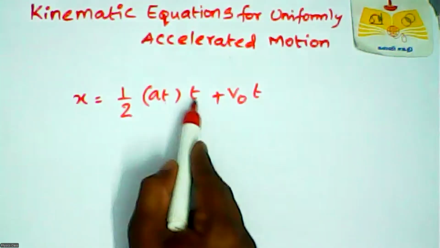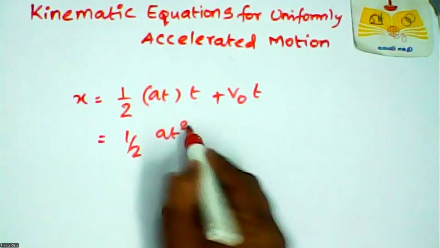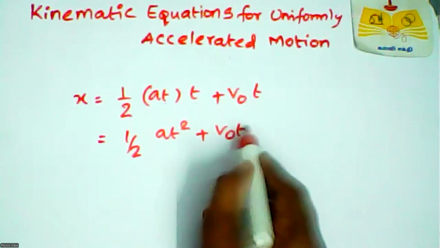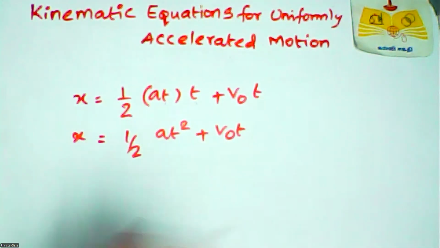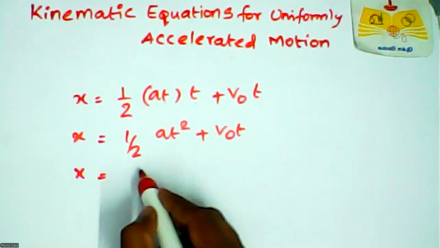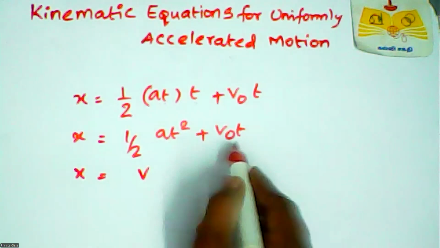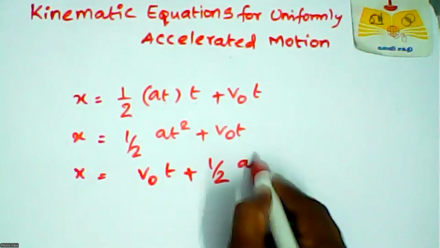At into t is t square. So half at square plus v naught t. This is the displacement. Now we can rearrange this equation also: v naught t plus half at square.